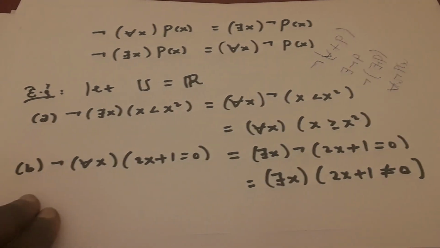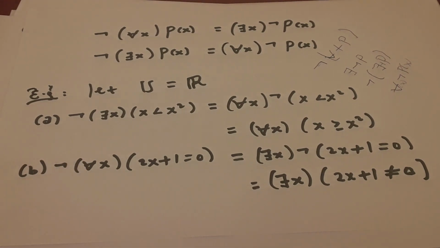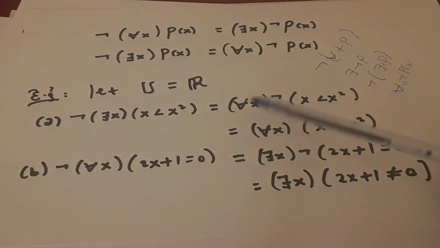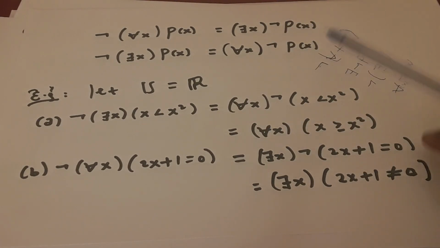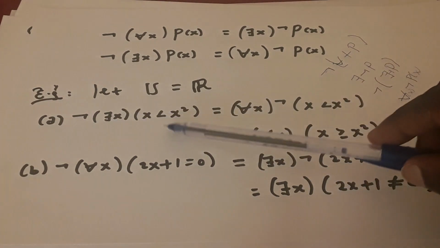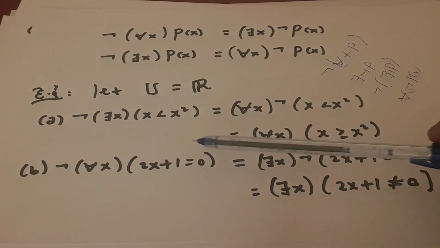So if you have a universal set U, the negation of the existential quantifier is the universal quantifier.